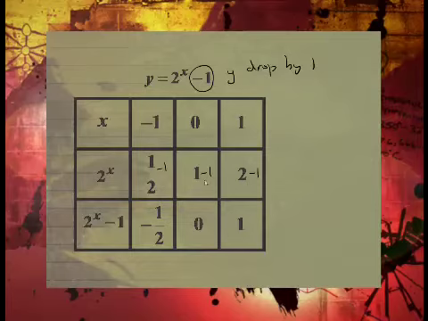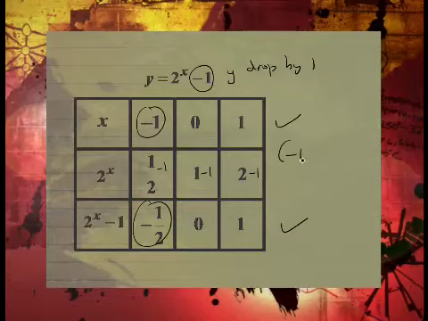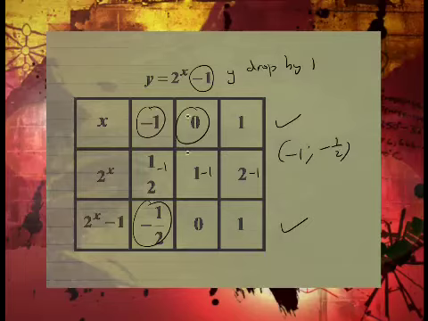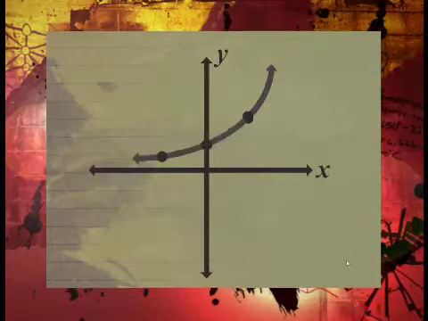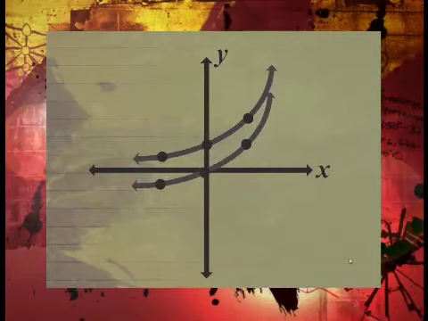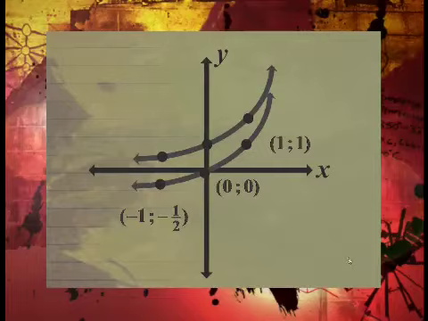Now if we sketch them, and remember, guys, it's important that you use those points: you've got -1, minus a half, and then 0, 0, and 1, 1. So let's plot those points. The graph drops down: -1, minus a half, 0, 0, 1, 1, and you get an asymptote, y equals -1.